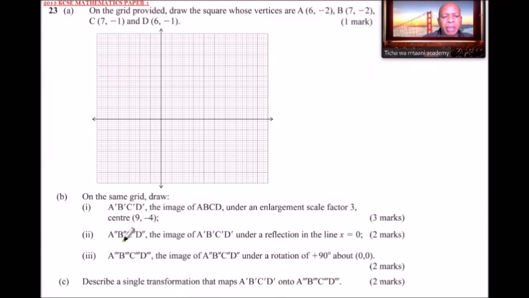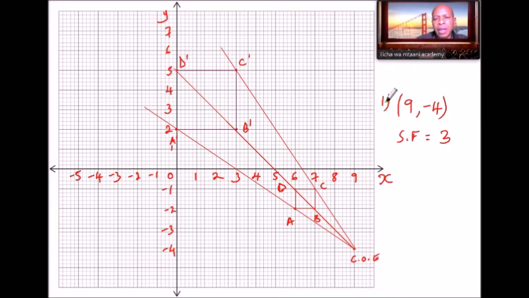But Roman number 2, A'B'C'D'', the image of A'B'C'D' under a reflection in the line x equals 0. So we reflect what we have enlarged, where the mirror line is x equals 0. So let's do that. This is B Roman number 1, and we have Roman number 2.